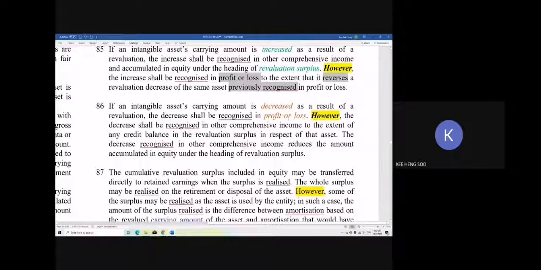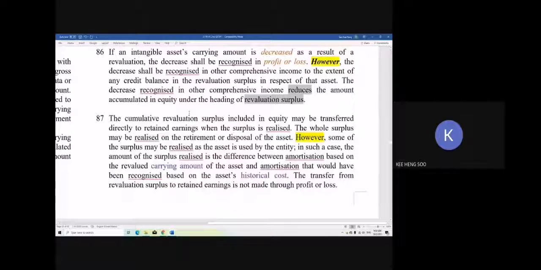However, you can reduce any revaluation surplus in the past if there is any. This revaluation surplus will be transferred directly to retained earnings when your asset is disposed.